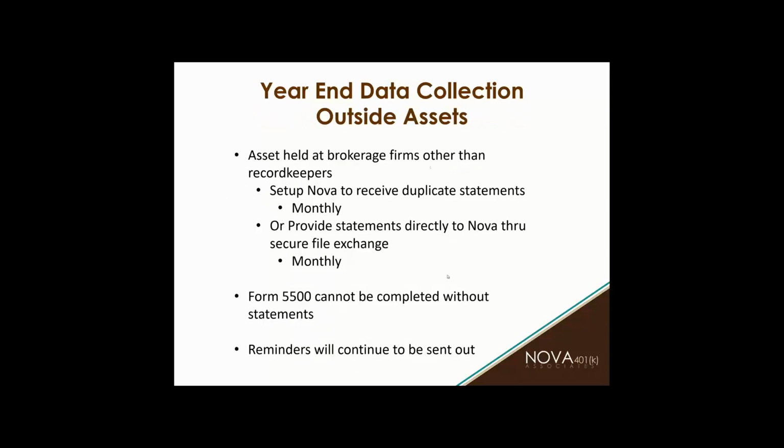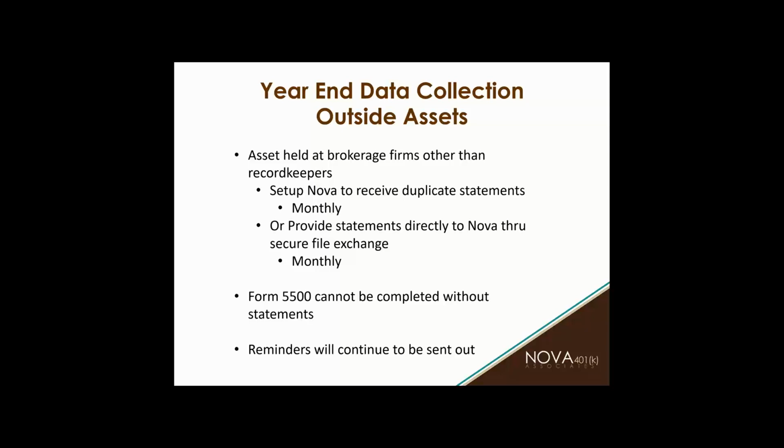Okay. Just another side note, this doesn't necessarily hold up your compliance testing, but it does hold up your Form 5500, so we're going to mention it. If your plan has assets outside at outside brokerage firms like a Charles Schwab, a Merrill Lynch, where Nova cannot access the employee's data, we do need to be set up to receive duplicate statements, whether they're monthly or quarterly, whatever.